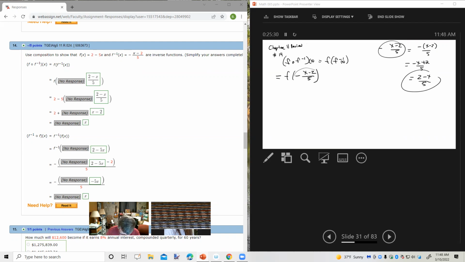So then let's see here. That's where you've got this. And then what did they do there? Now you put f of all of that, which would be 2 minus 5 times that, which simplifies into 2 minus the quantity 2 minus x, which is 2 minus 2 plus x, which is x.